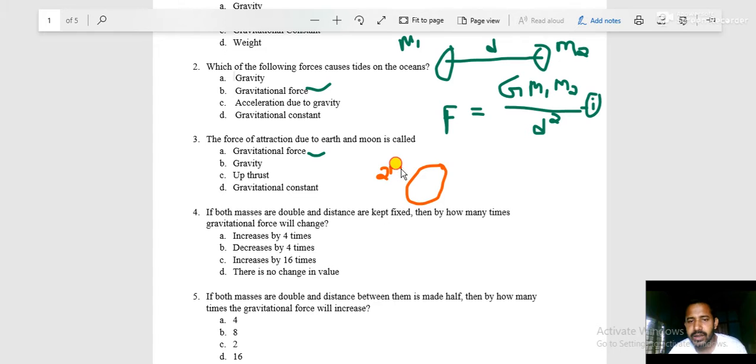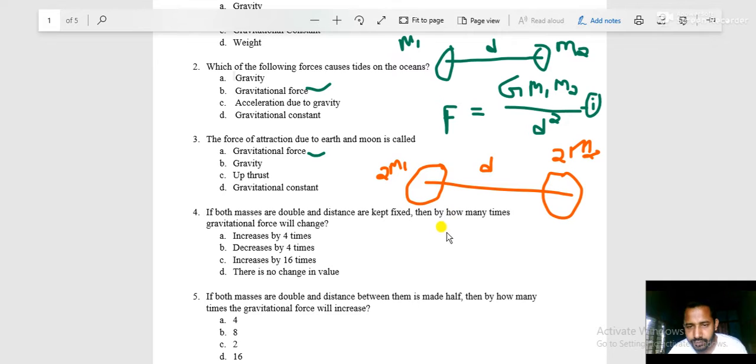You could solve it easily if you know how to solve compound interest problems; similarly here. Another mass should also be doubled, 2m2, and distance is kept fixed, so this distance is also d, as in the original scenario.